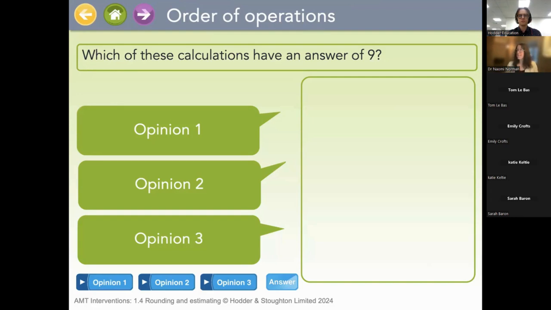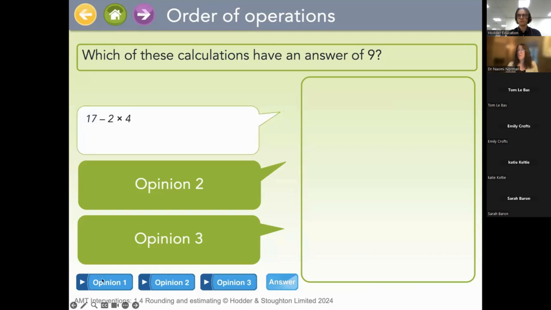So once again, in this example relating to order of operations, students have the opportunity to identify which calculations may incorrectly, as well as correctly, have an answer, in this case of 9. If we look at opinion 1, students who have grasped the concept will do the multiplication first before the subtraction and get an answer of 9.